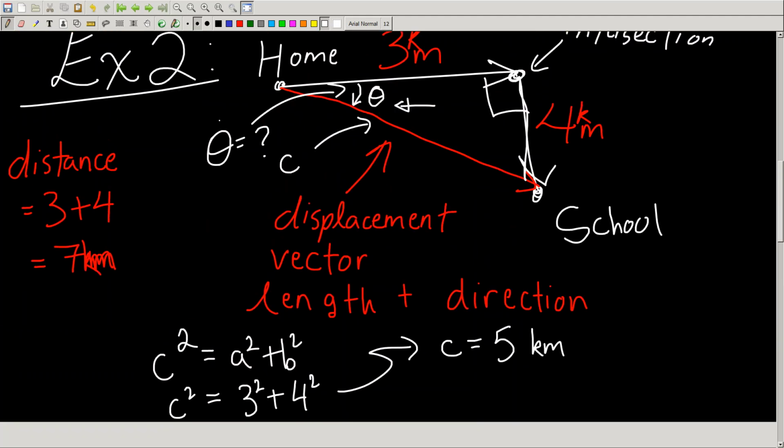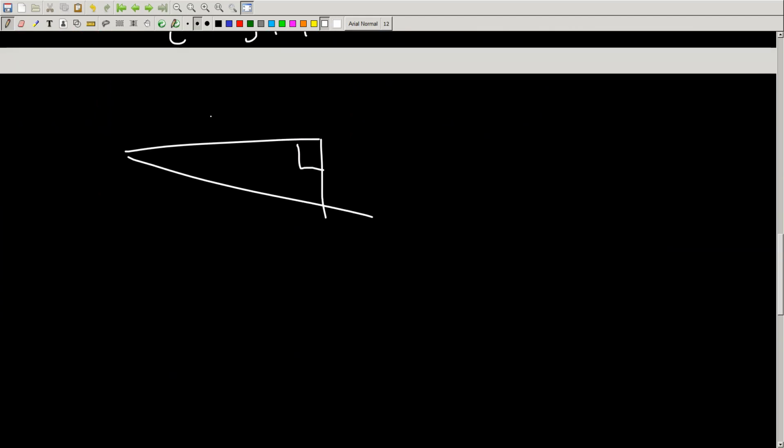Let me redraw the triangle, or at least attempt to draw it. So this is going to be 3, and this is going to be 4 kilometers. And I found this to be 5 kilometers.